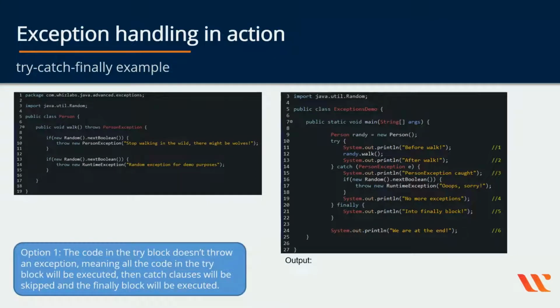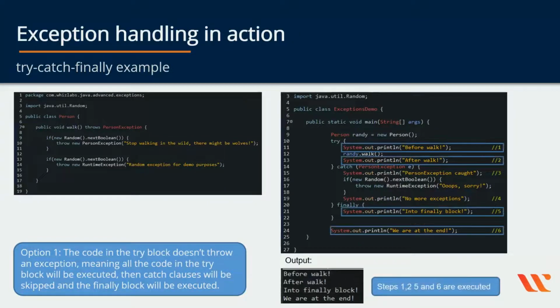In option 1, the code in the try block doesn't throw an exception, meaning all the code in the try block will be executed. Then catch clauses will be skipped, and then the finally block will be executed, and what is after it. As you can see, only steps 1, 2, 5, and 6 will be executed.